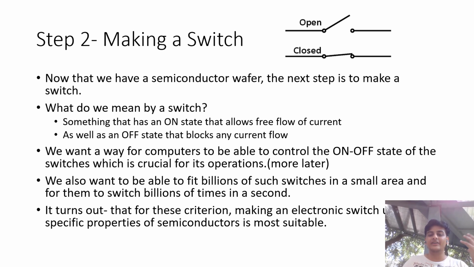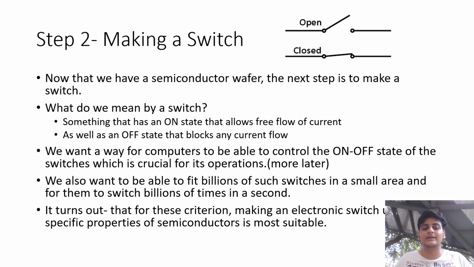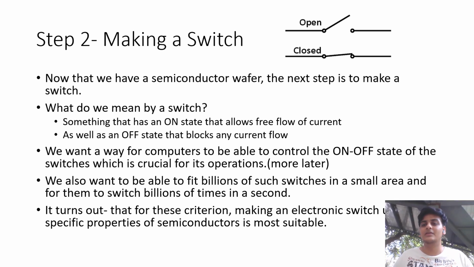But to fit the criteria of the kind of computation we need these days, we need the switches to be able to do this. And it turns out that for these criteria, making electronic switches using specific properties of semiconductors is most suitable, because we are in fact able to make these really small and make them switch really often.